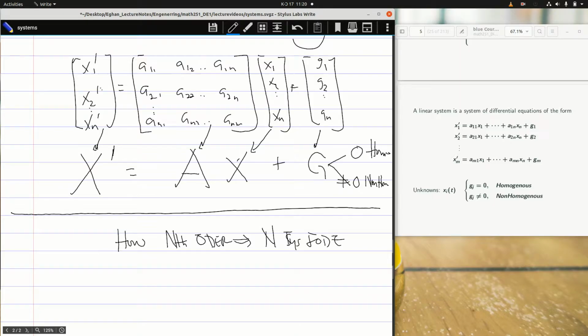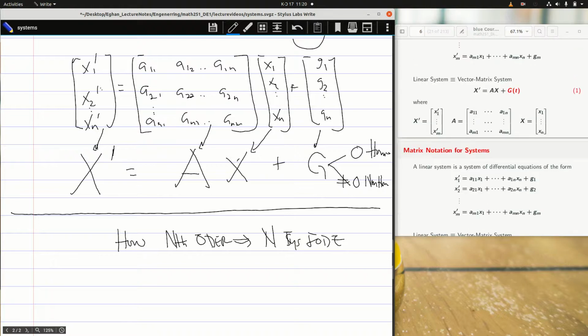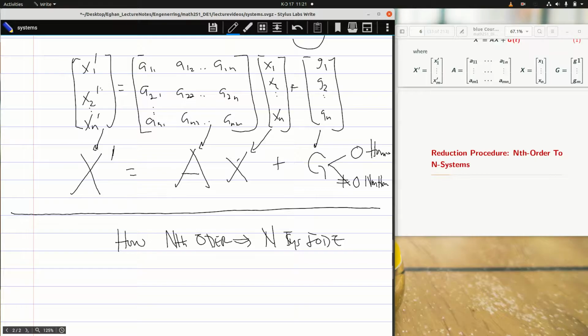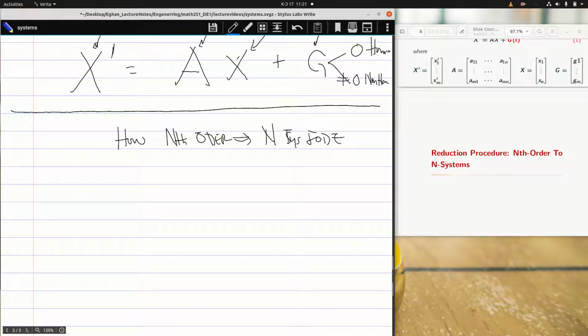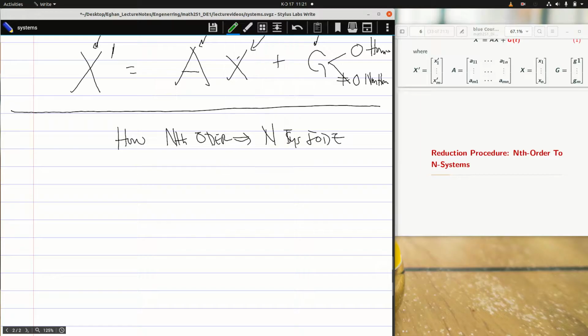So I've talked about the matrix vectorization as seen in the slides. I've explained that. Let's look at the next thing, how to reduce from the nth order to some n systems of equations. I'll take two examples, one on homogeneous and the other on non-homogeneous. Example 1.